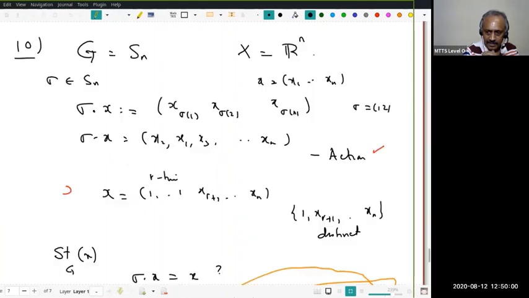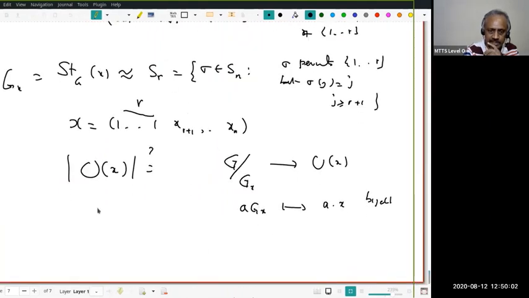Therefore, the number of elements in this orbit is nothing other than the number of elements in Sn modulo Sr. But this we know. This is the same as the index of Sr, which is n factorial by r factorial.